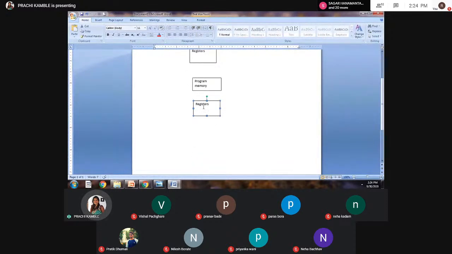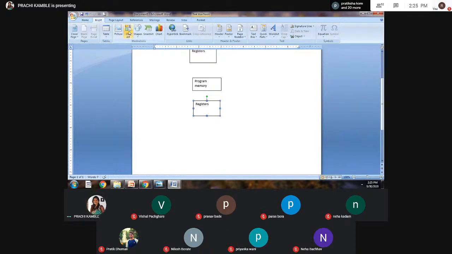In DMA, direct memory access, registers can directly access the program memory, but with the help of one unit, which is called the direct memory access controller unit. So in DMA there is a DMA controller. All the activities are monitored and controlled by the DMA controller, and then this register can access this program memory directly.